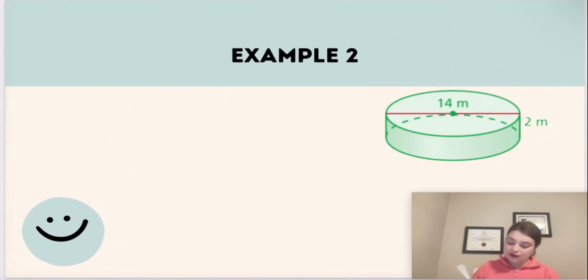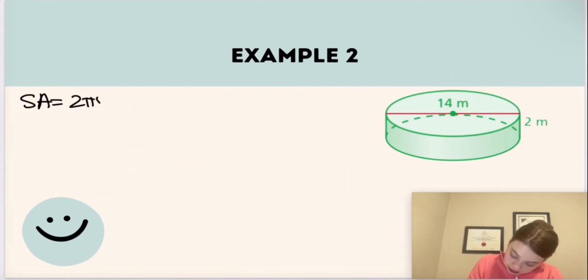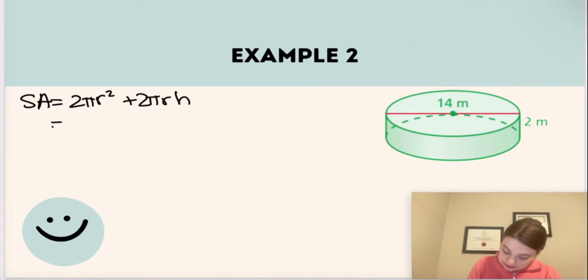So once again, the surface area is going to be equal to 2 pi r squared plus 2 pi rh. So for this one, let's first identify our height and our radius. Well, in this case, notice that the diameter all the way across is 14 meters. That means the radius would be half of that.